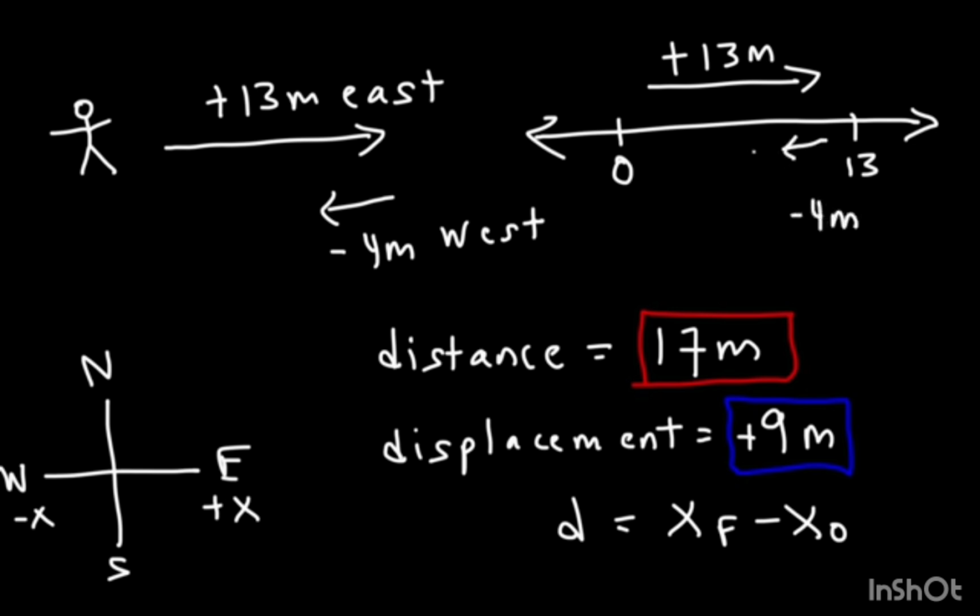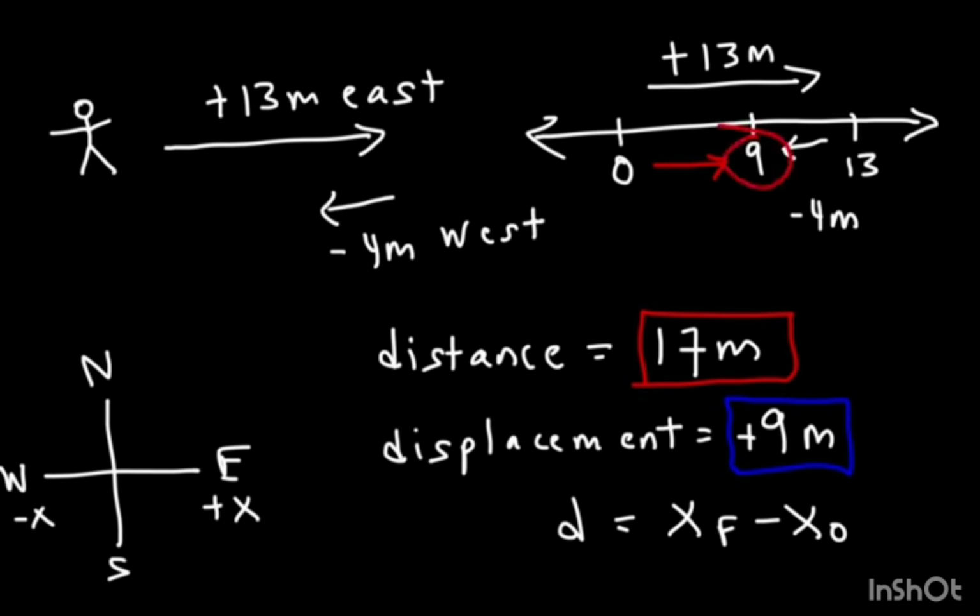So 13 minus 4, he ends up at position 9. So the net result is that he traveled 9 meters east. And so that's his displacement.